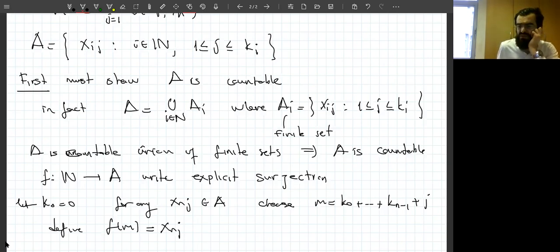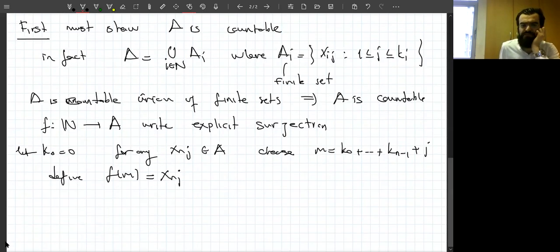Okay. Complete the details, please. So F is a surjection. It means A is countable.